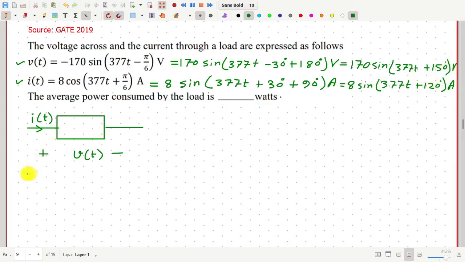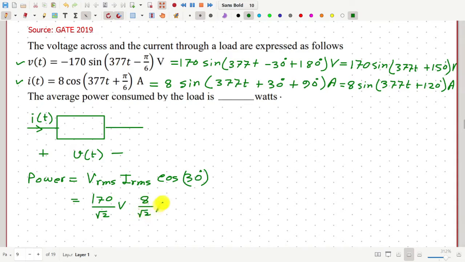So power will be equal to VRMS, IRMS, cosine 30 degree, which is same as VRMS is 170 by root 2 volt, current is 8 by root 2 ampere, and cosine 30 is root 3 by 2.